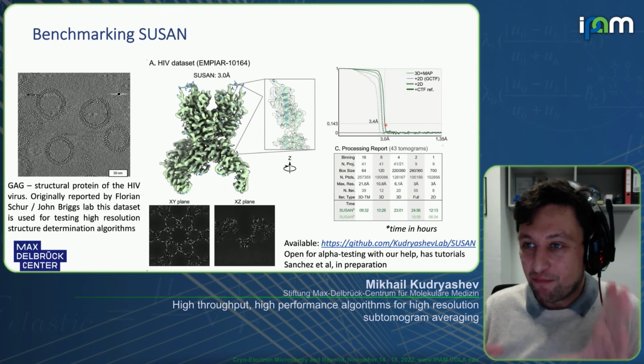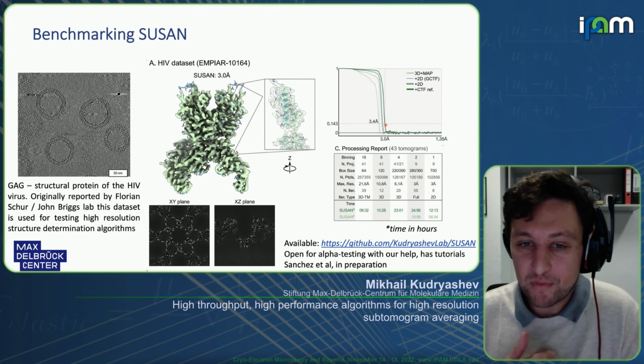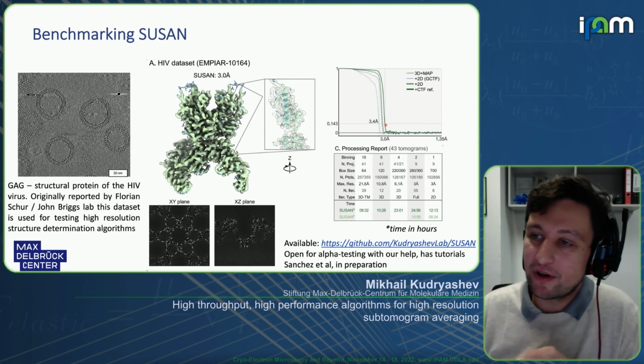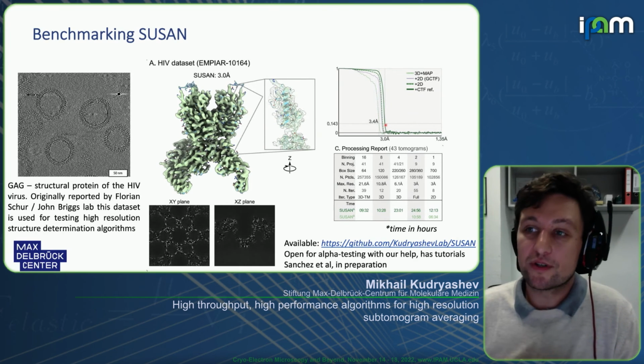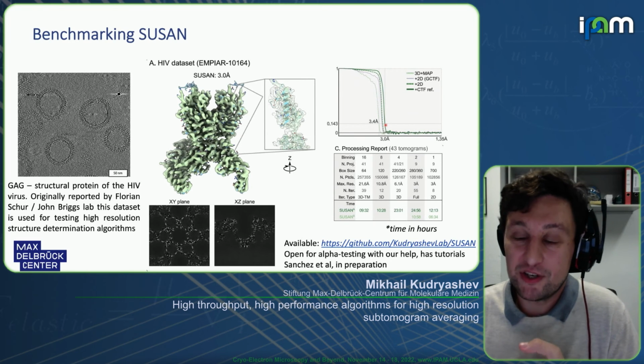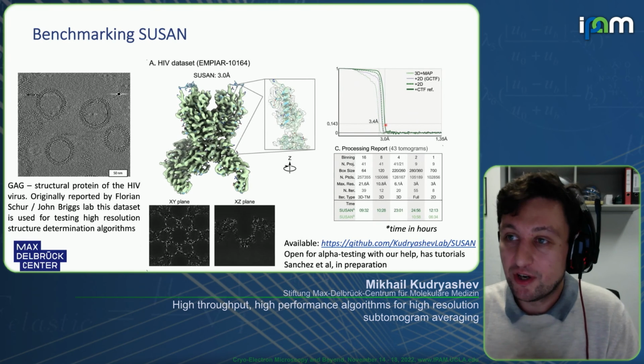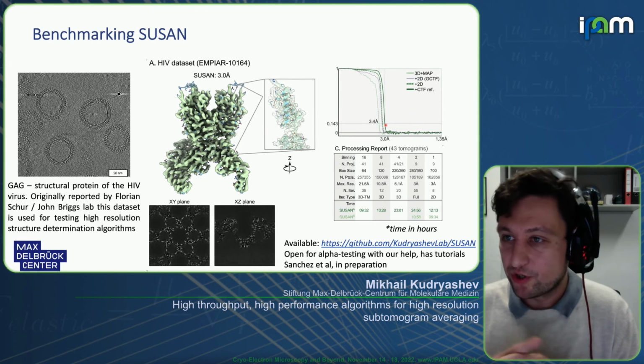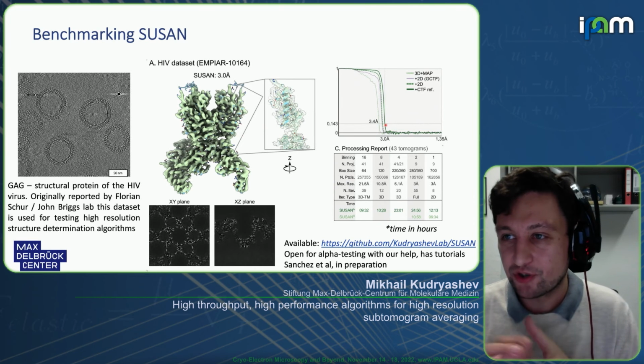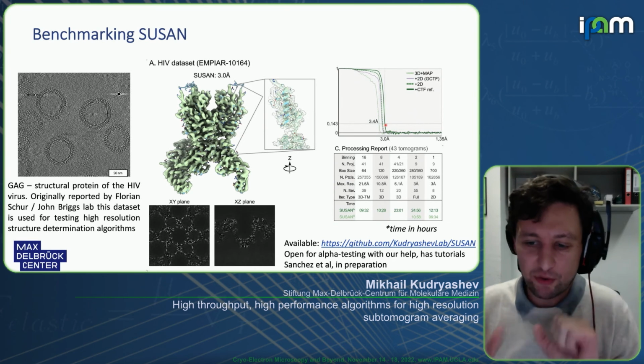And at this point, the box size was very large. I don't recall the number, but this was much larger than any deposition of a subtomogram average in the EMDB at the moment, where I think the largest deposition right now is about 400 voxels square.